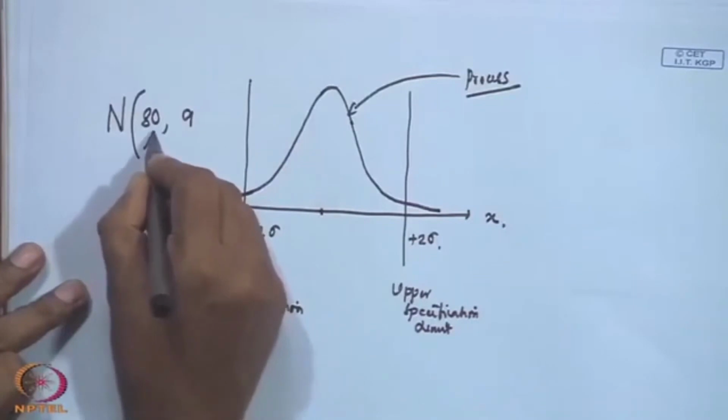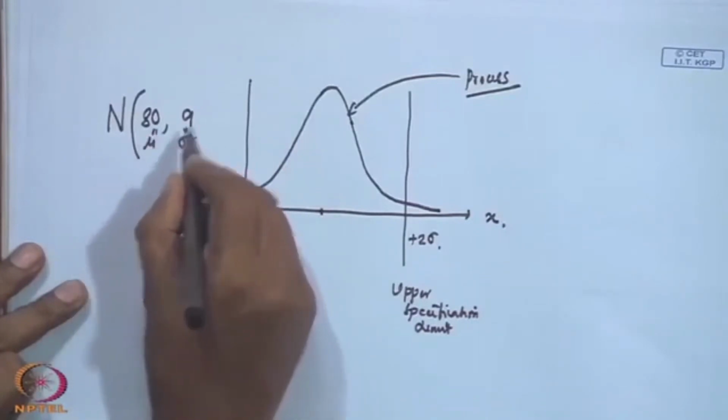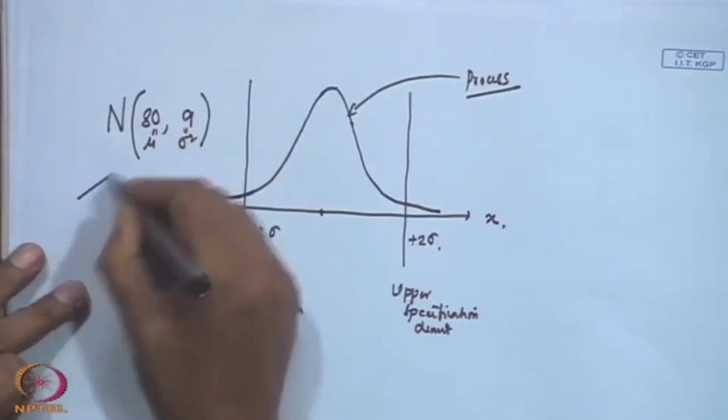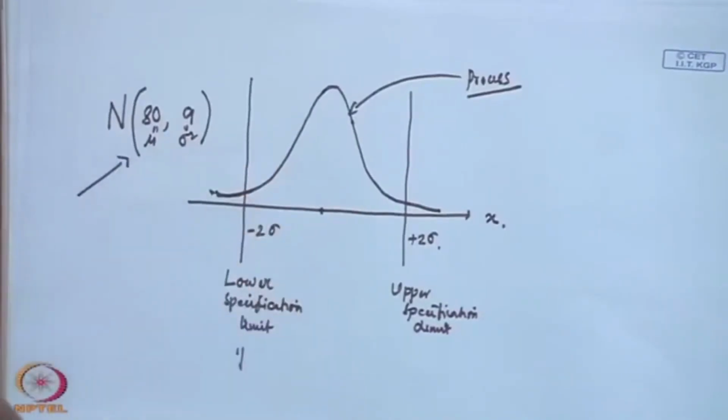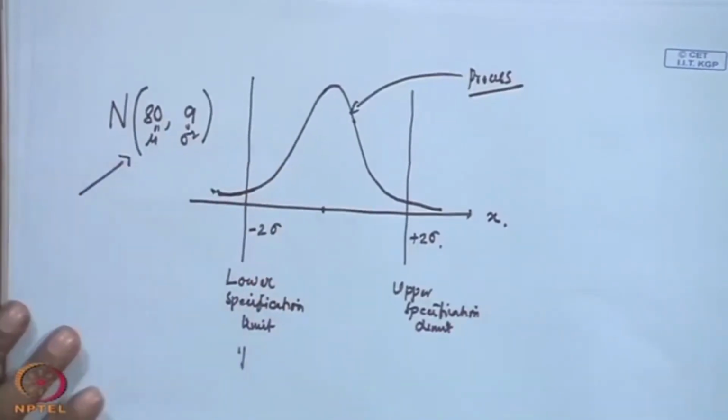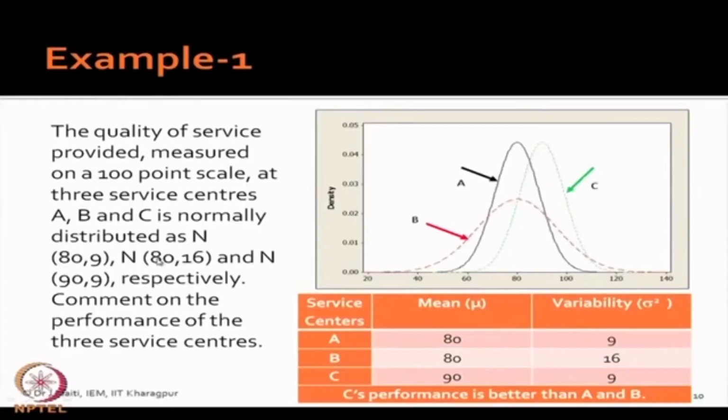So mu is this and sigma square is this. Then the second process, B, is N(80, 16), and the third one is N(90, 9). I have plotted the probability distribution for all 3 processes A, B and C. Please remember that your variable of interest is quality of service provided.